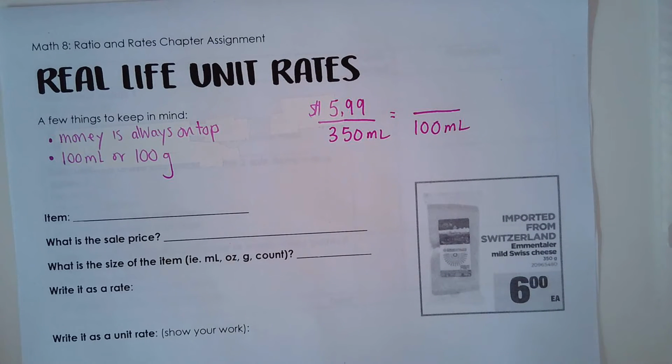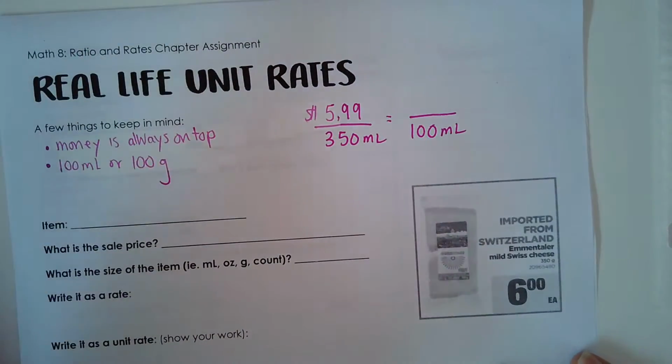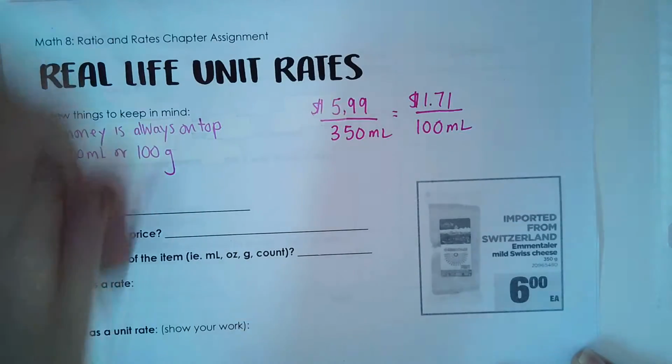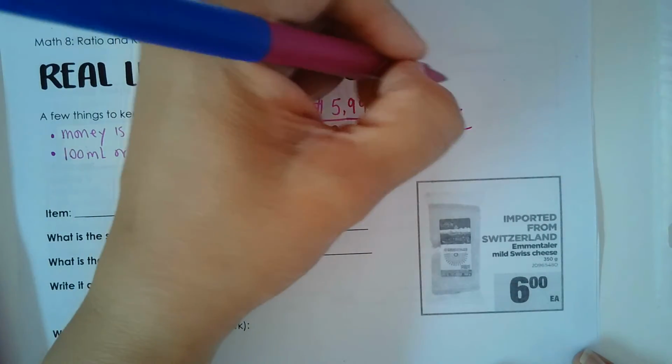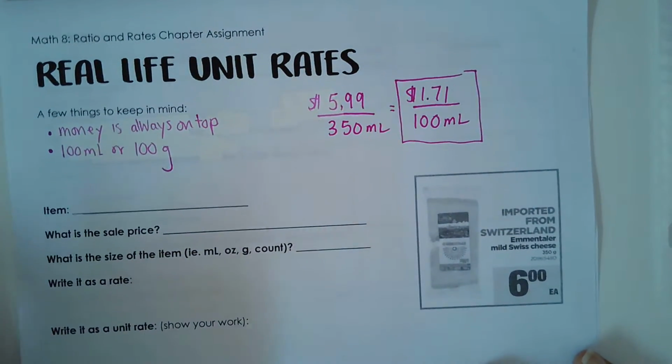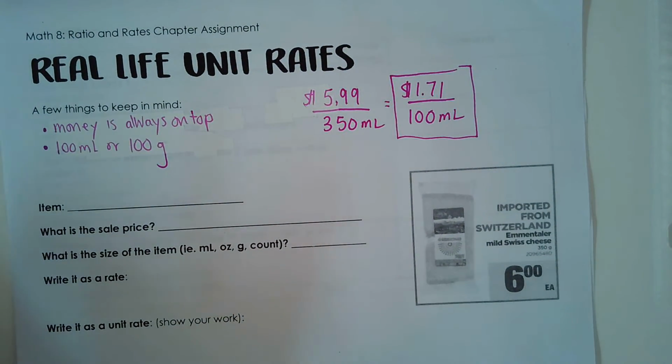And you could take your calculator, do that right now. And we get a price of $1.71 per 100 milliliters. So that is our unit rate.